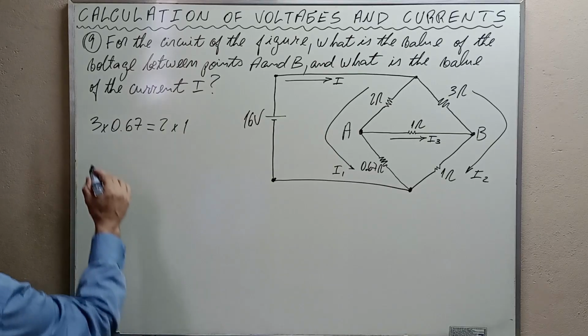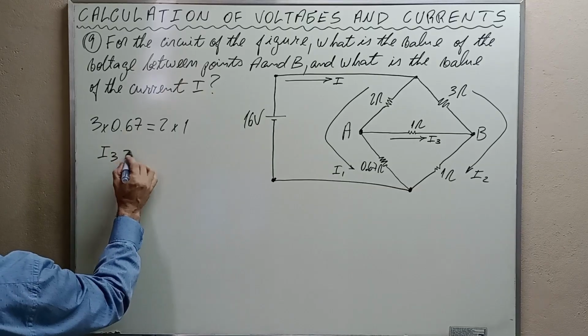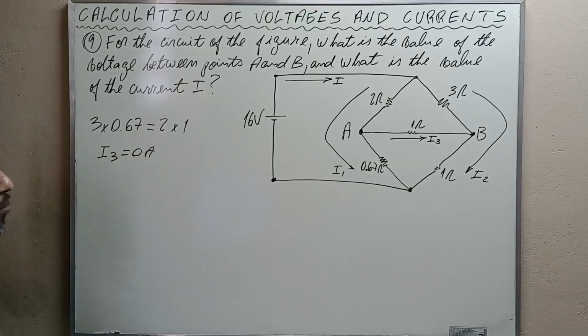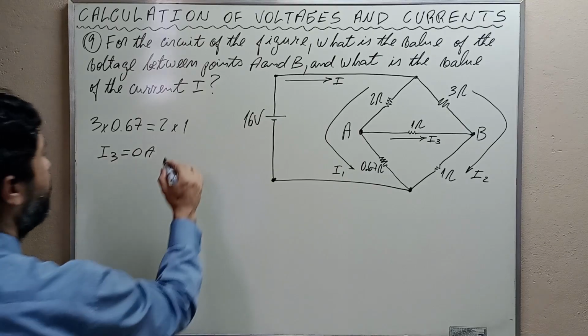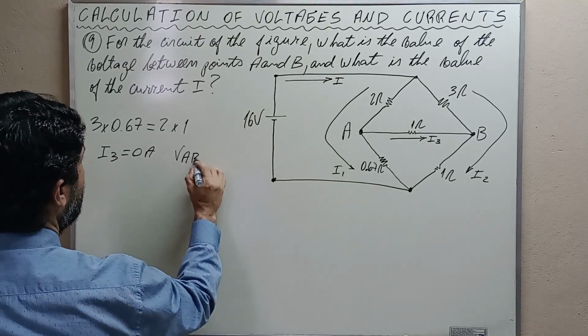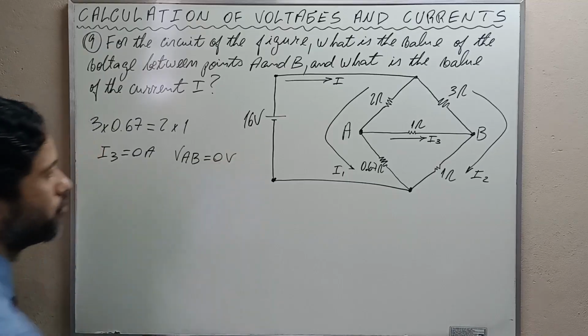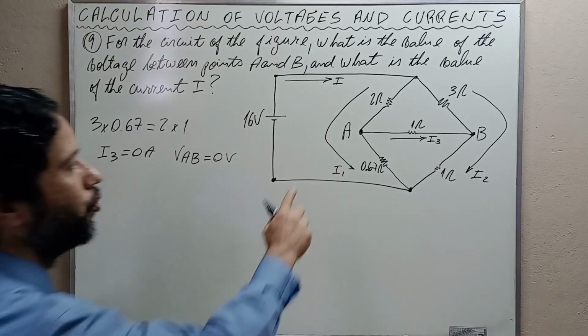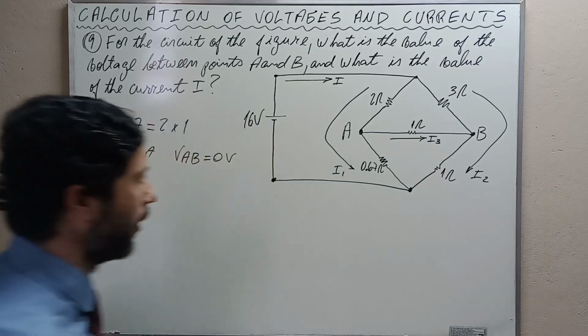In this way, we know that I3 is equal to 0 amps. As a consequence, VAB is equal to 0 volts.